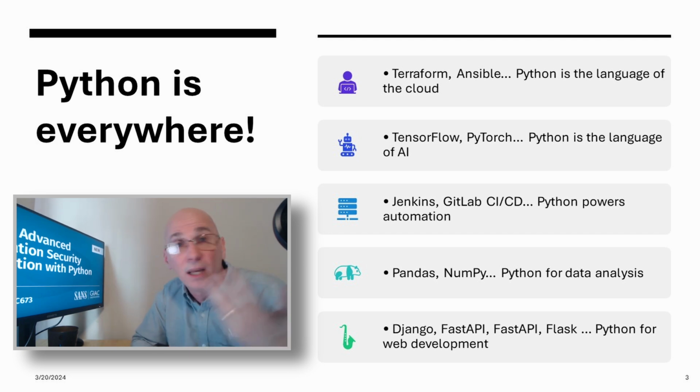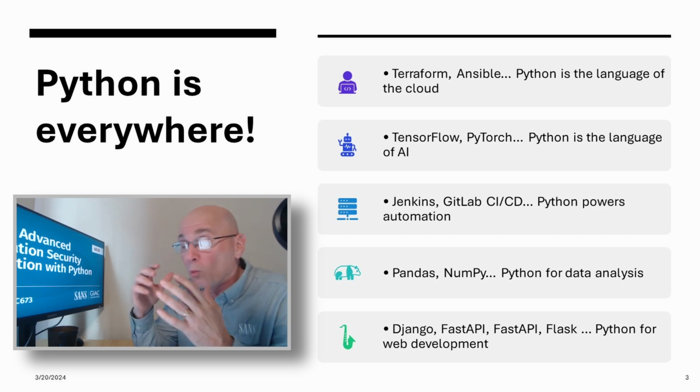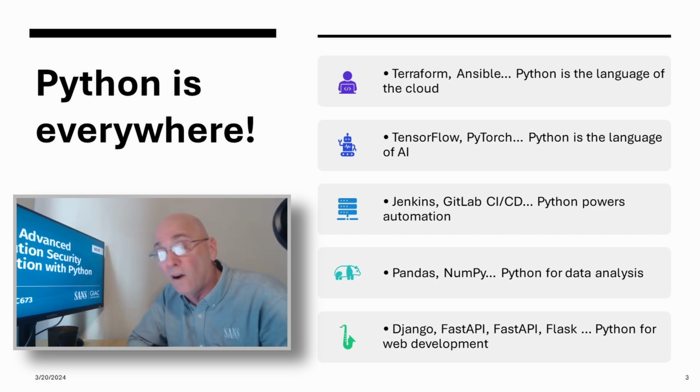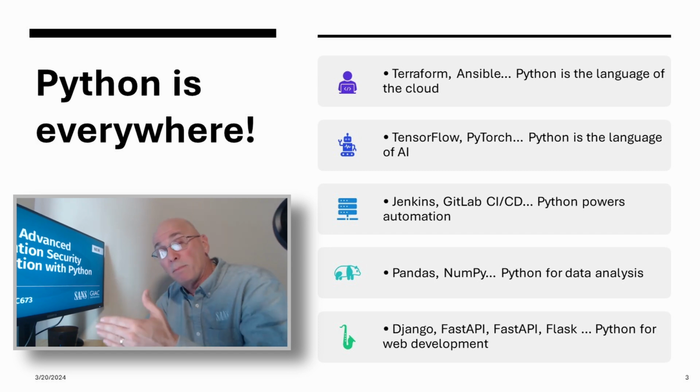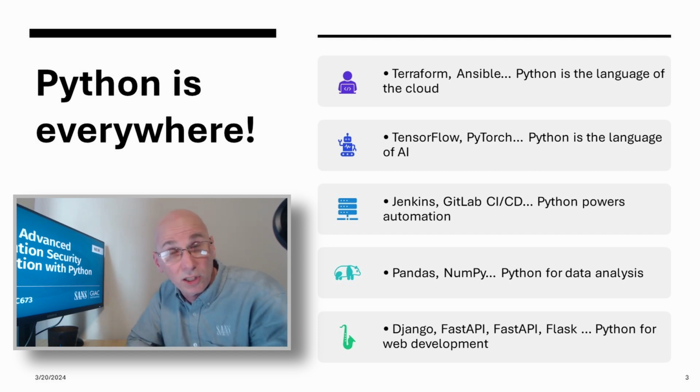Pandas, NumPy: Python is heavily used in data analytics. Django, FastAPI, and others: web frameworks today are often developed in Python. So understanding how Python works is going to make it so that you understand these applications, can find the vulnerabilities in them, and can resolve those vulnerabilities.